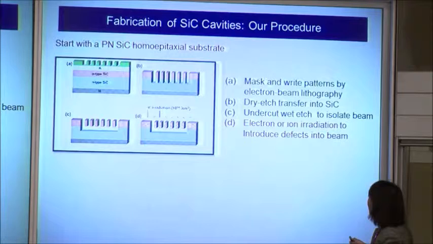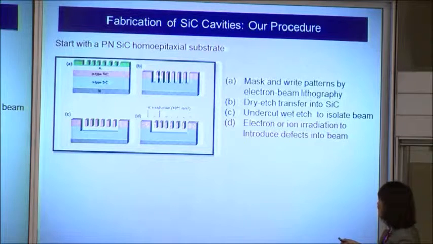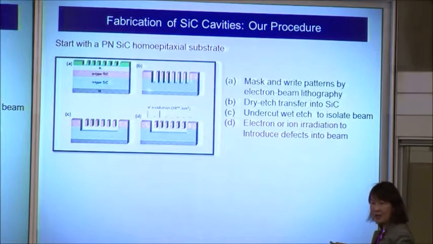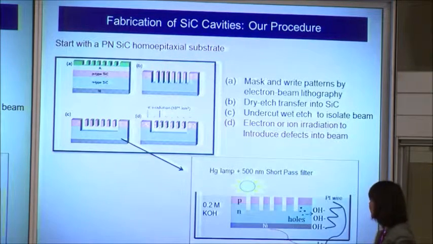So basically, we mask and write the patterns by e-beam lithography. We do use high-resolution ion-assisted etches to transfer that pattern into the silicon carbide. Then we use a particular step where we do dopant selective wet chemical etching to remove the N-type silicon carbide. We then introduce the defects into the material.